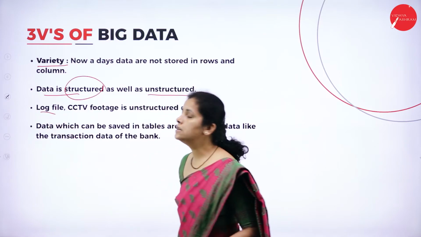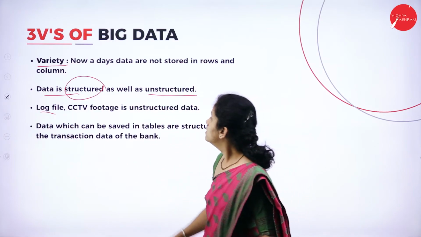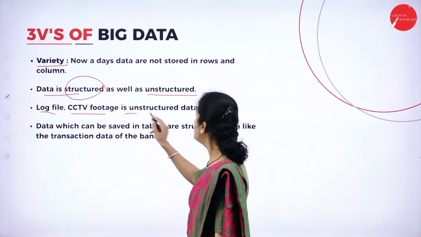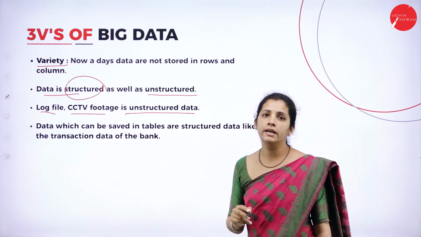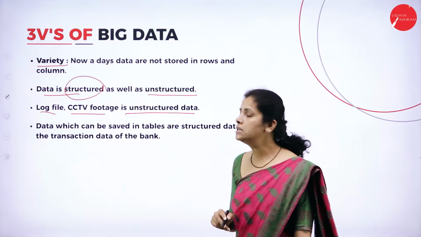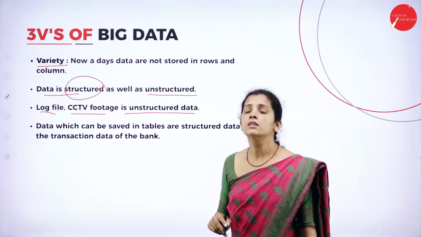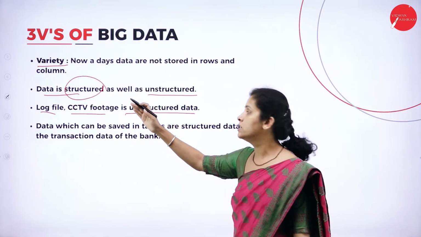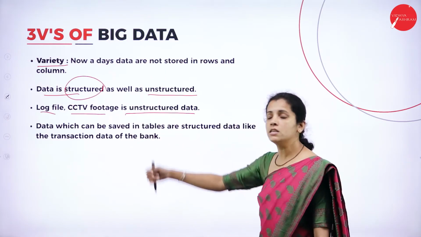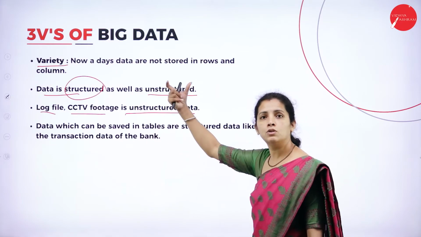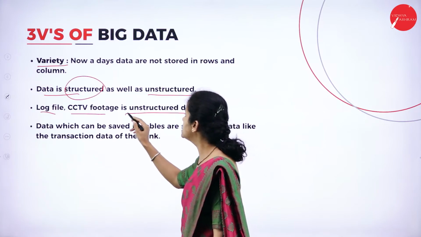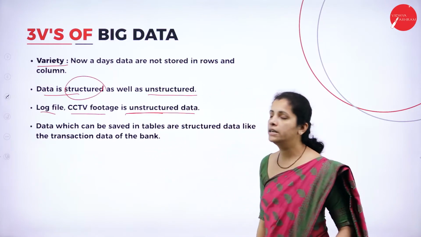Example, if I consider log file, CCTV footage, these are the examples for unstructured data. The log file information is not arranged, and even the CCTV footage is not organized. So these are the two best examples for unstructured data.